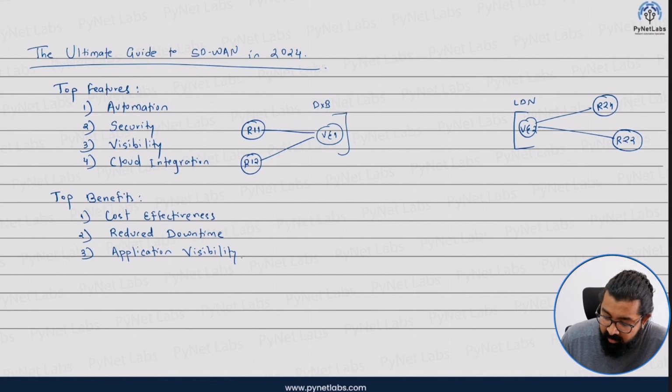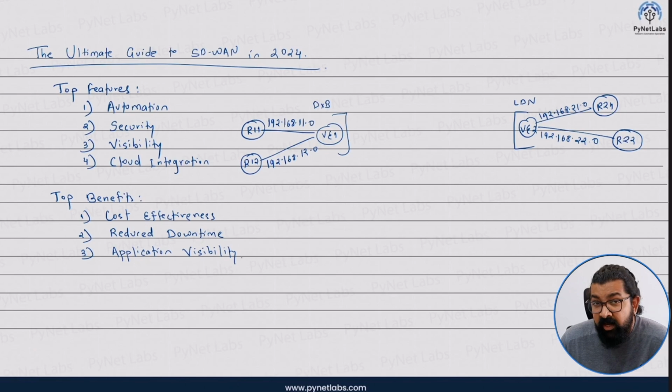So maybe we have 192.168.11.0 and 192.168.12.0, and on the other side, we have 192.168.21.0 and 192.168.22.0.